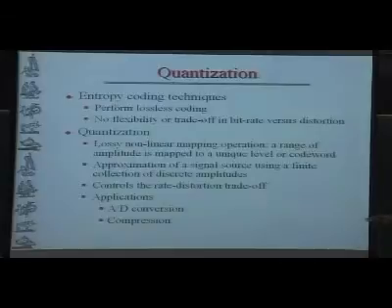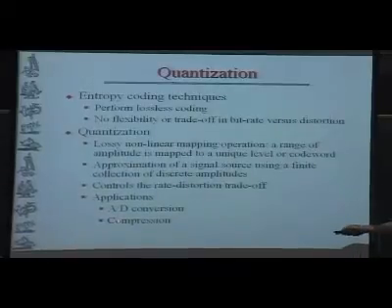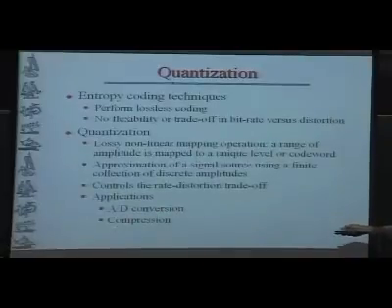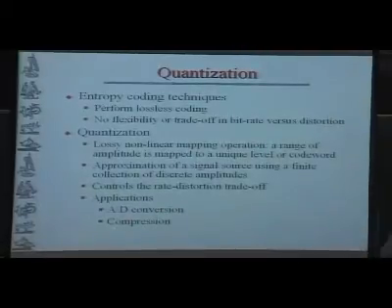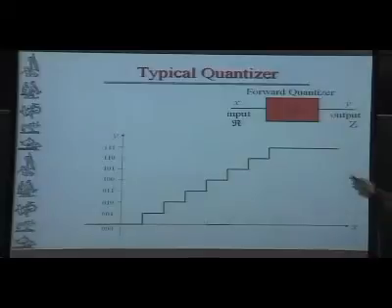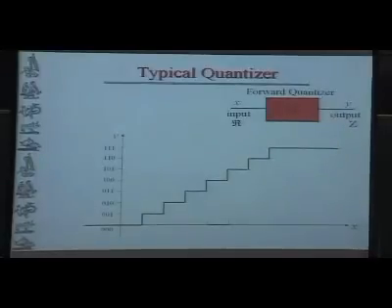Now, quantization is a lossy, nonlinear mapping operation that throws away information. The two main applications for quantization are A to D conversion, and then compression. Yes. Questions? Okay, so this is how a quantizer works. This is the Q box, which is at the encoder.